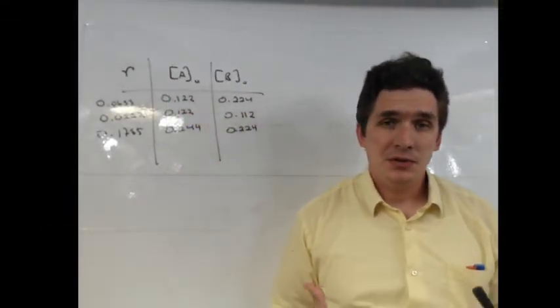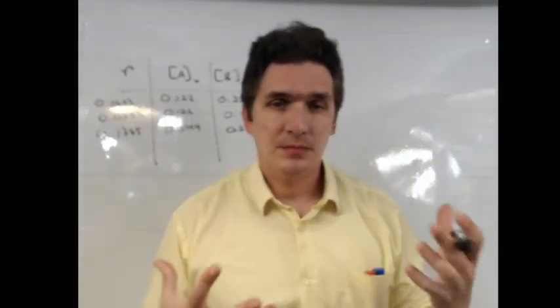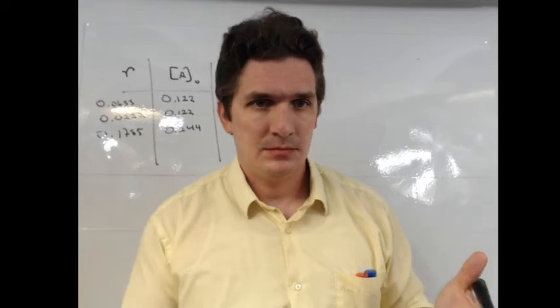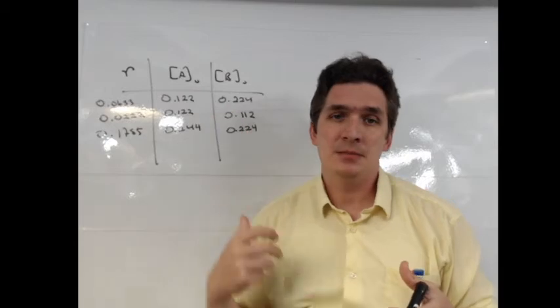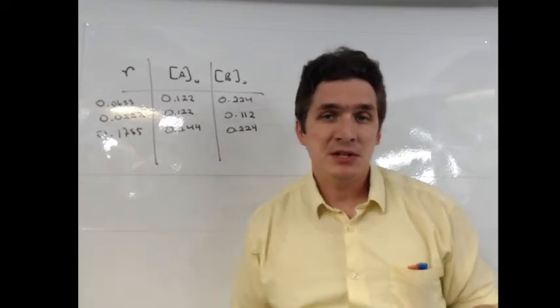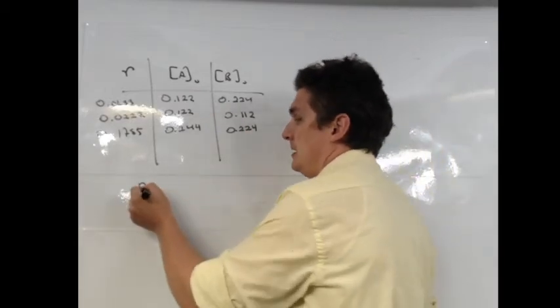So, in order to find the orders of these two compounds, A and B, we're going to use what's called the method of initial rates, or MOIR.